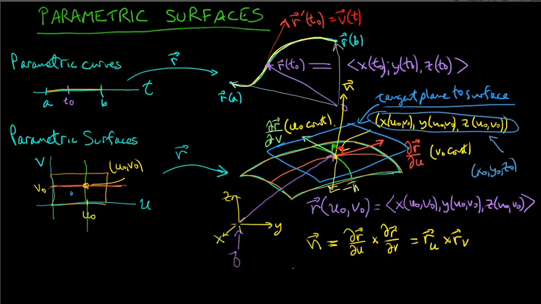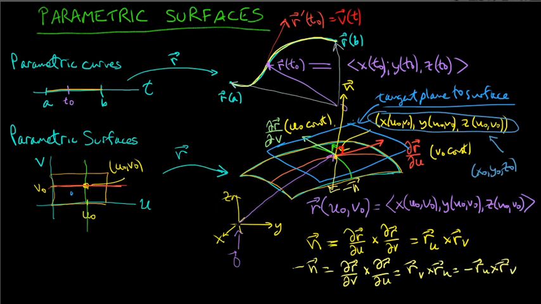We'll just call it negative n. And you can get that just by reversing the cross product, so this is partial of r with respect to v, cross partial of r with respect to u, because remember that the cross product is anti-commutative. So you get a minus sign when you change the order.